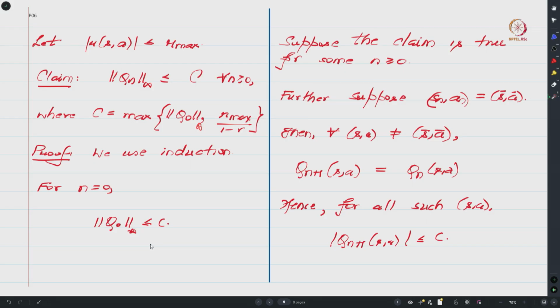Now suppose this claim is true for some n greater than 0, and as I said, we are going to use induction, and since we have made this hypothesis and proven the base case, the goal now is to show that the claim is also true for the n plus first term in the sequence of Qn's. That is, we are going to now show the L infinity norm of Qn plus 1 is also upper bounded by C.